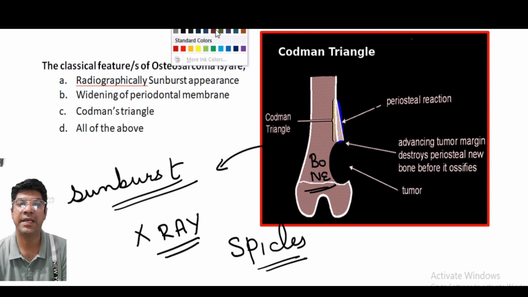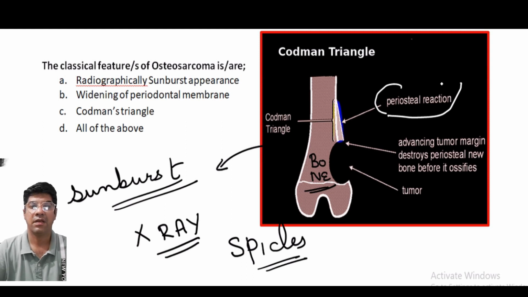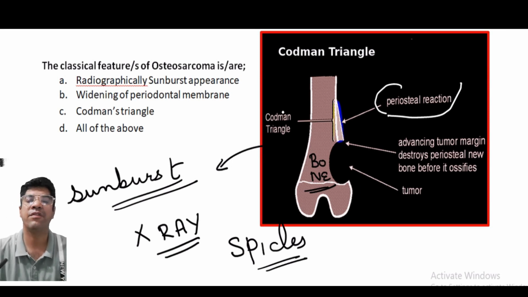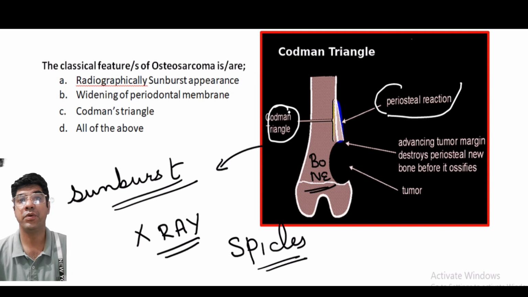These rays are typically seen in periosteal reaction, that is the body's response to a tumor growing on the surface of bone. Sometimes it is associated with widening of the periodontal ligament. So that option is also true.